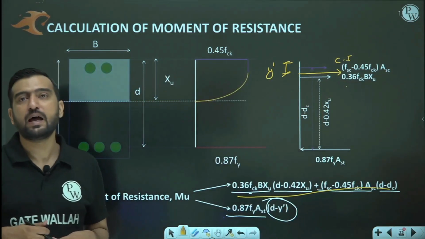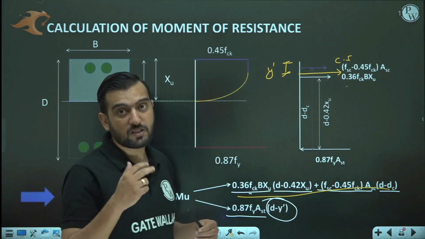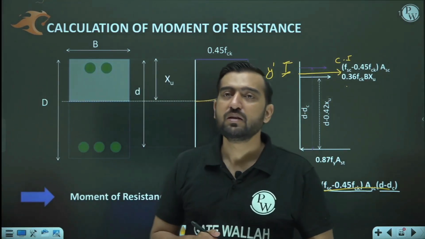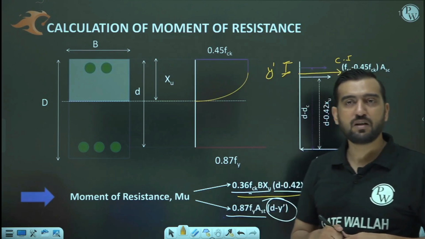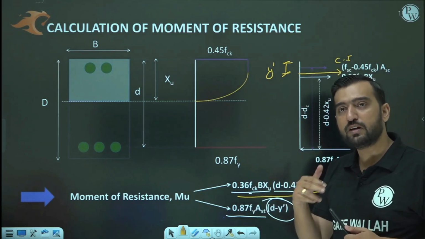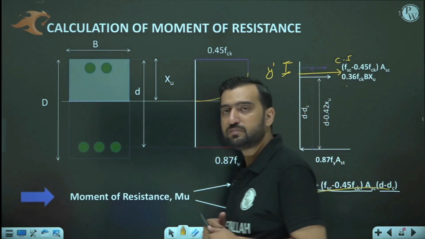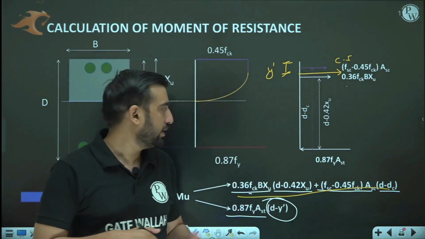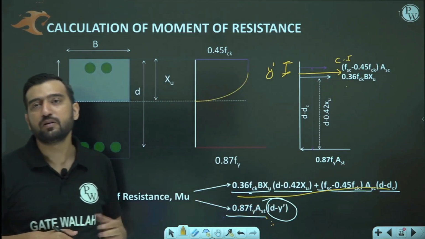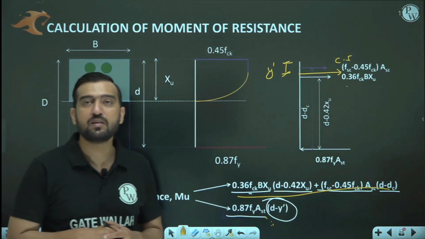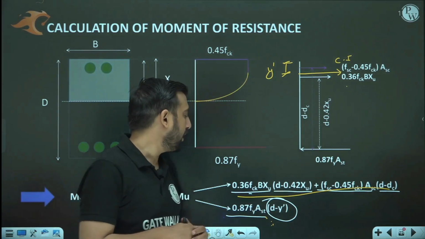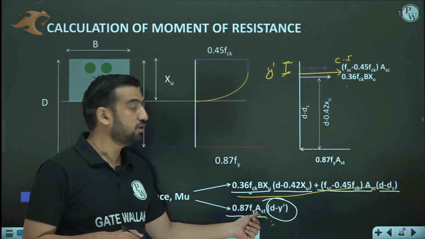Even after that, there is a restriction. What is that restriction? That in an over-reinforced section, you cannot proceed with the tensile side formula, because again you need to correct the value of Ast.